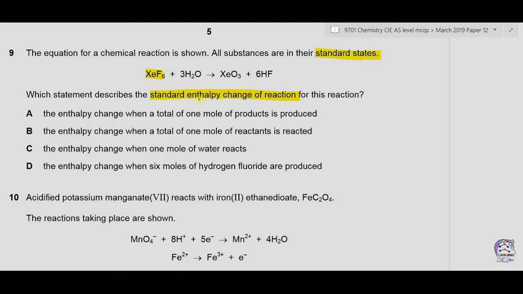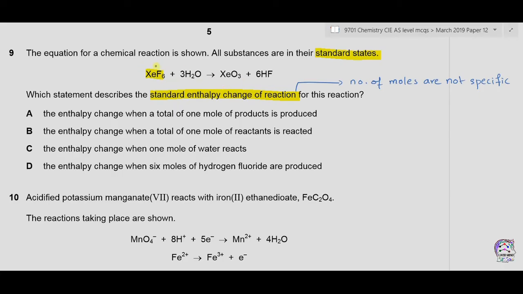So you have to remember that for standard enthalpy change of reaction, the number of moles are not specific for a chemical reaction. There could be any ratio of number of moles as long as the equation is chemically balanced.